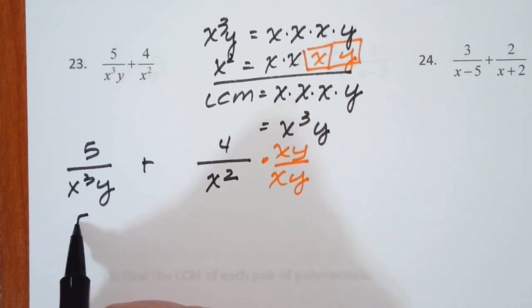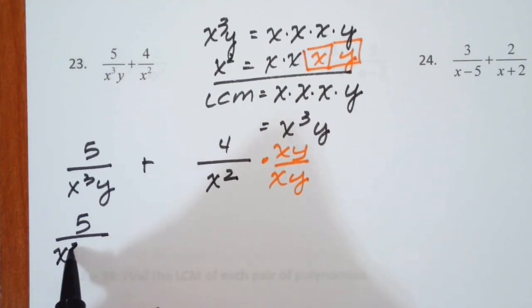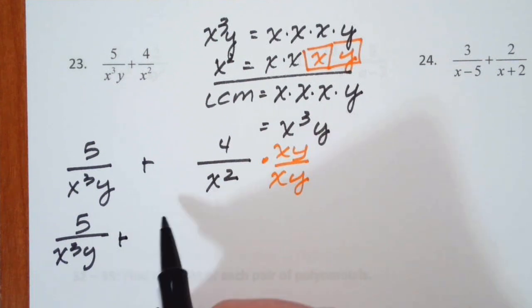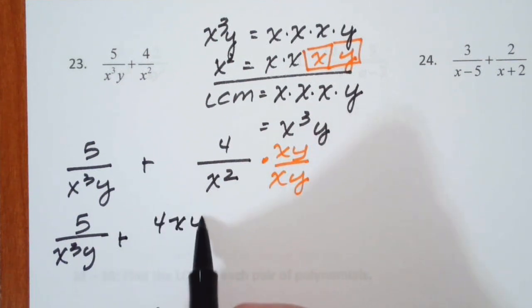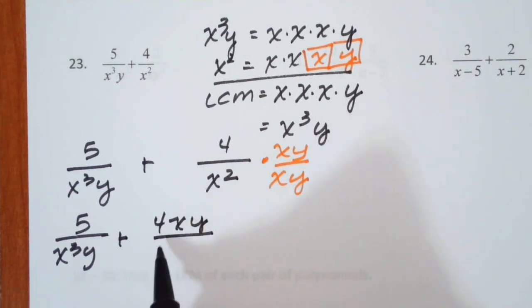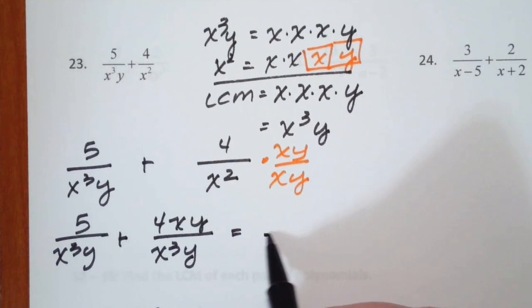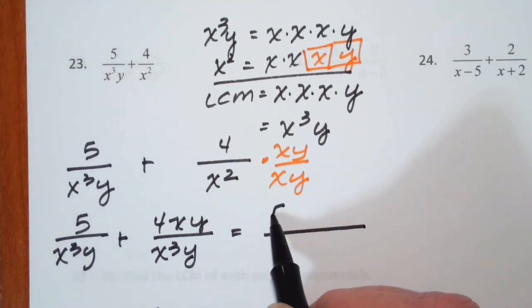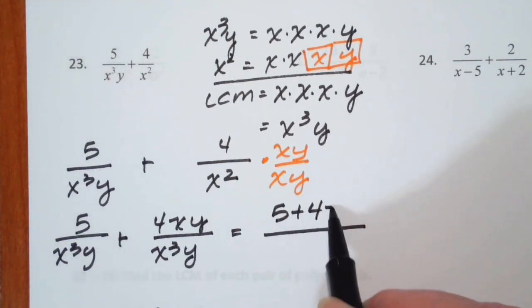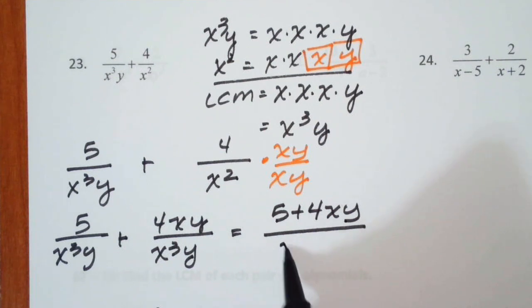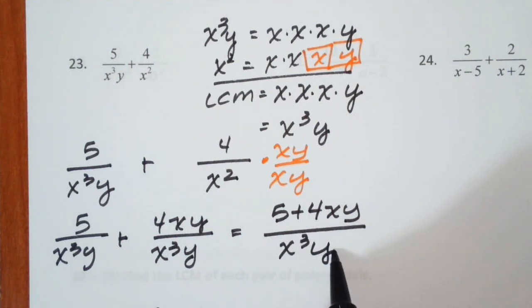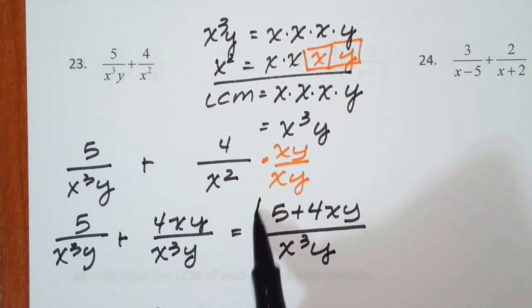So this becomes 5 over x to the third y plus 4xy over x to the third y. Now I just add my numerators. 5 plus 4xy divided by x to the third y, and I am done.